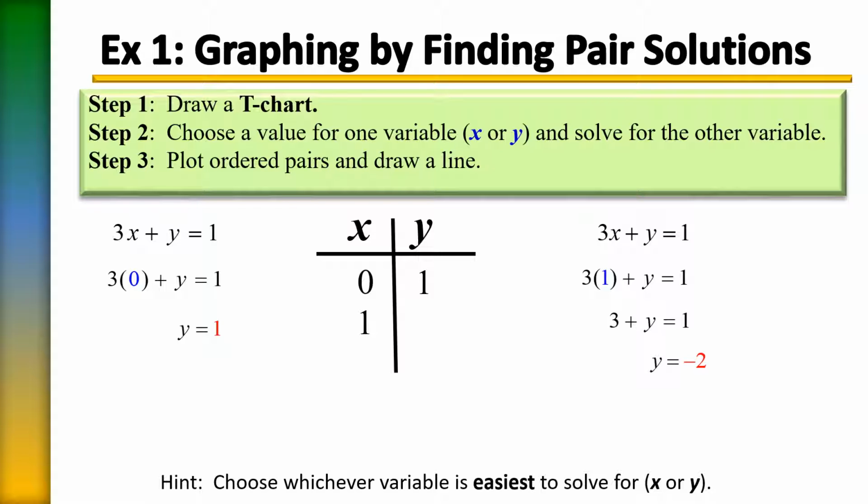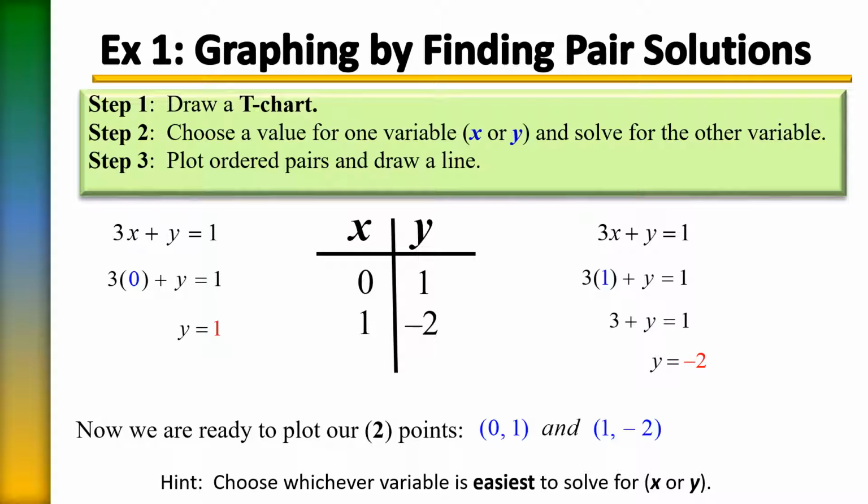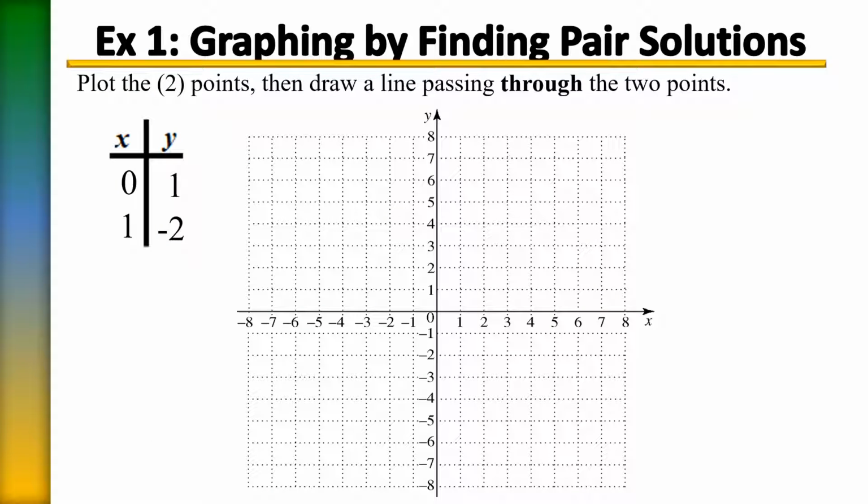So that means when you plug in a 1 for x, what you get out for y is a -2. Now all you need is 2 points to plot a line. So now that we have our 2 points, we can go ahead and begin our graphing process.